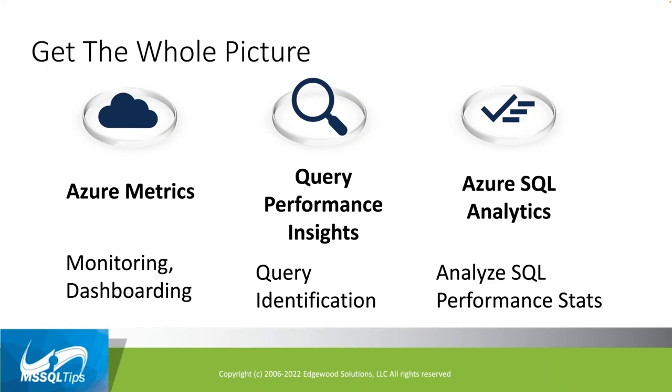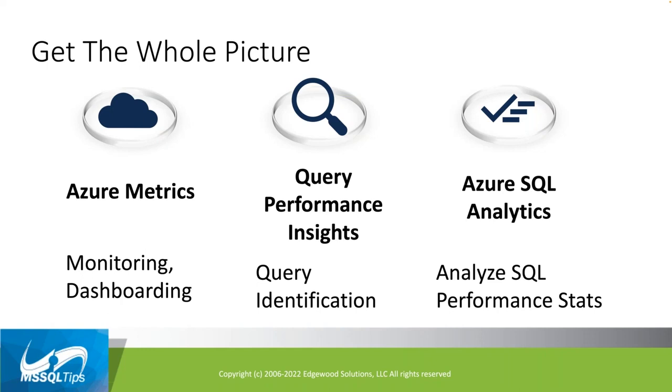Query Performance Insights. This is kind of another name, and like we mentioned, Microsoft likes to name things in interesting fashions. This is another name for the query store. So this can be a little bit confusing. In the portal, you'll always see Query Performance Insights. It's the same data that's going to be in the query store. But this does give you kind of a view of the top 5 queries that are running on your SQL database.